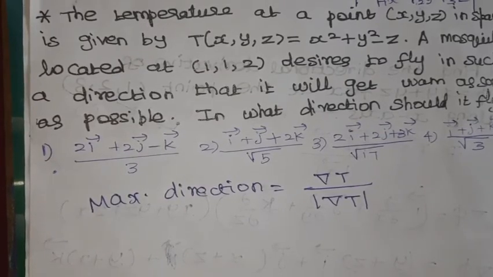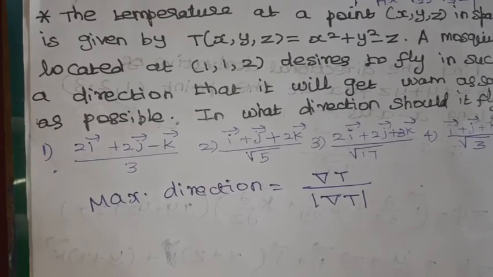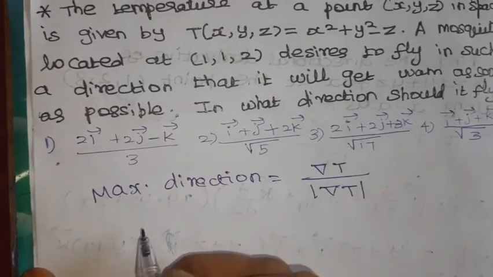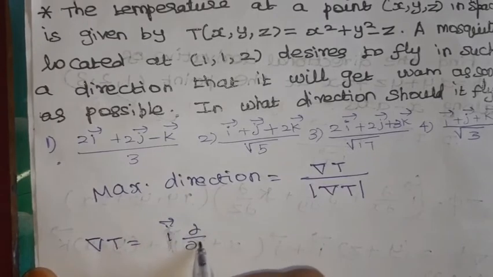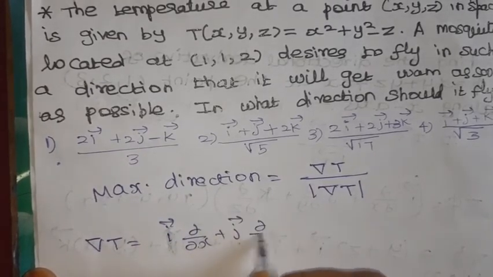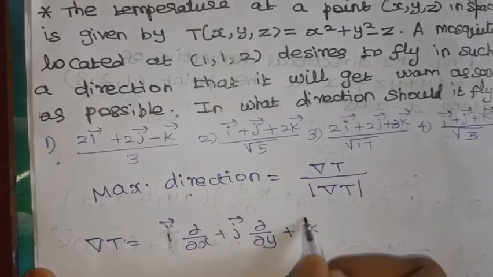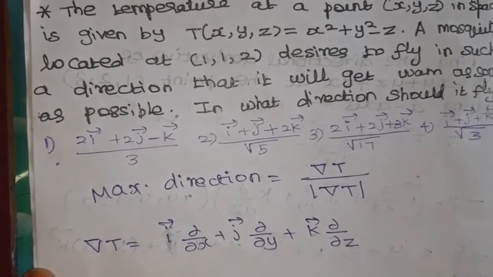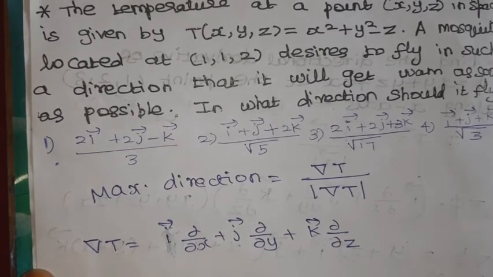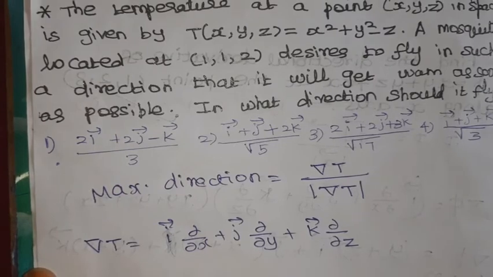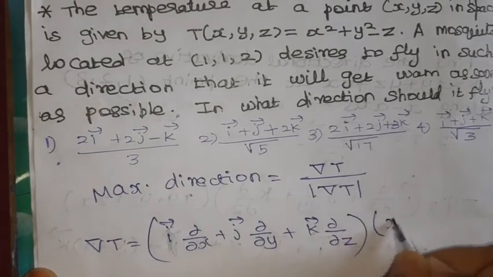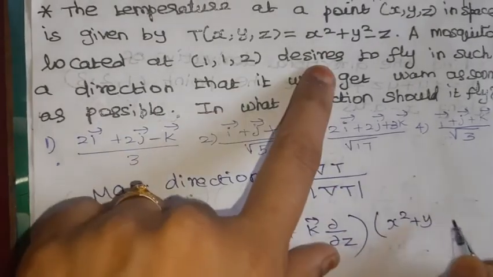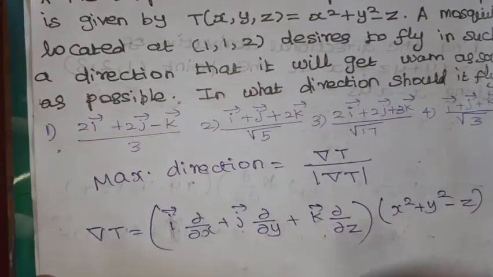The mosquito will fly in the direction of maximum rate of increase. Okay. Then del T is i ∂/∂x plus j ∂/∂y plus k ∂/∂z of the given thing, x squared plus y squared minus z.